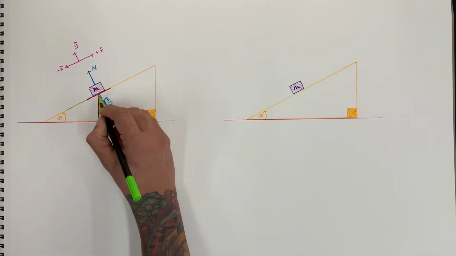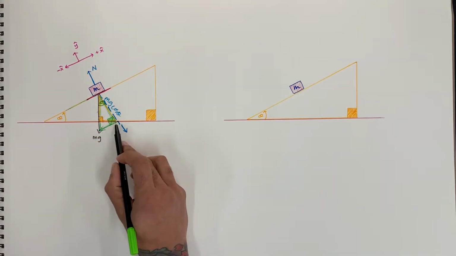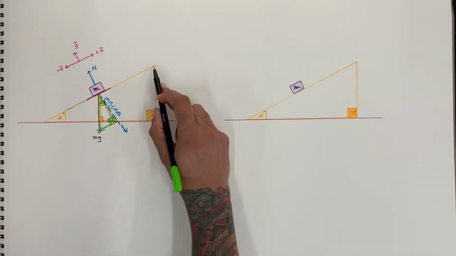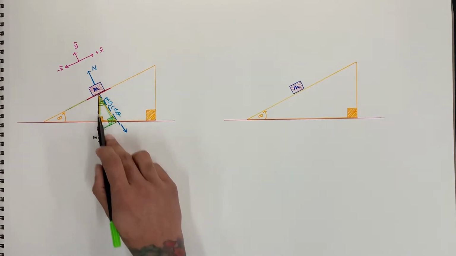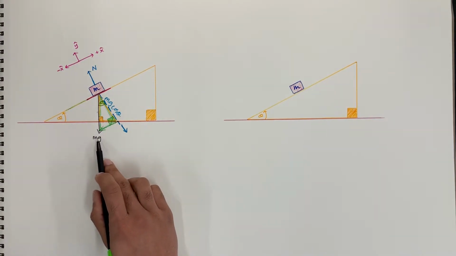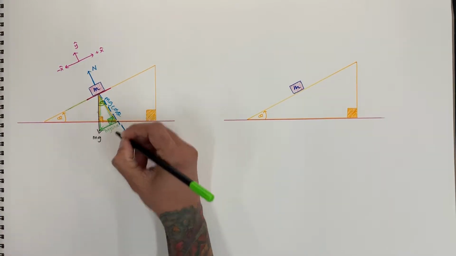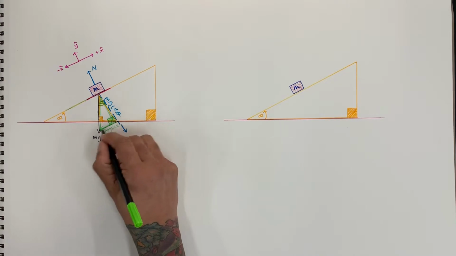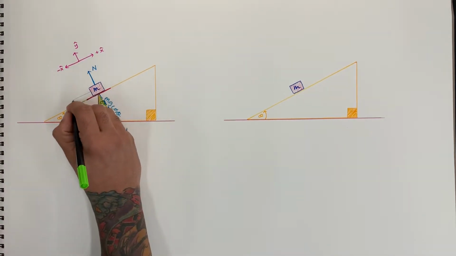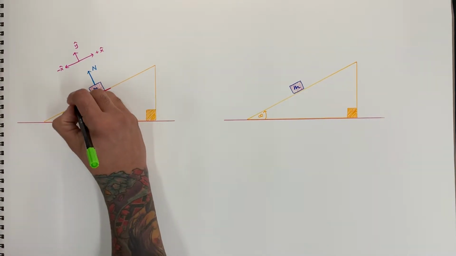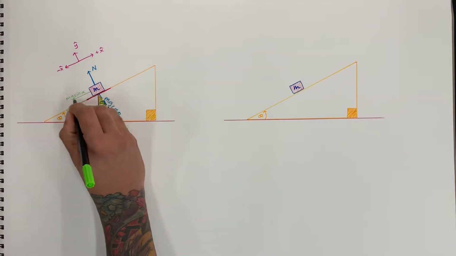So the longer side has the theta, and the shorter side does not have the theta. Okay, so in this green triangle now, we're going to do opposite over hypotenuse, which still remains mg vector. And so this vector here, mg sine theta, we can also move this vector up here, and now this vector is mg sine theta. Okay, so we just moved this up here.